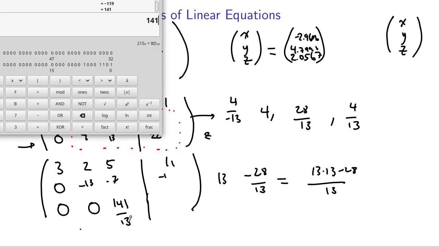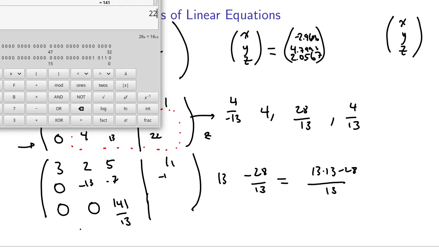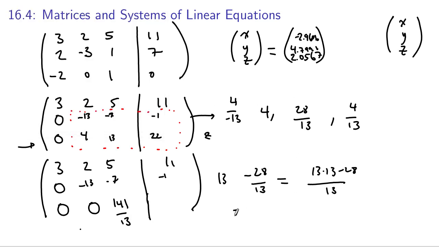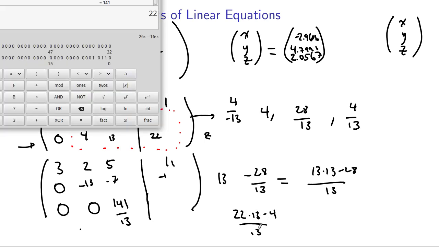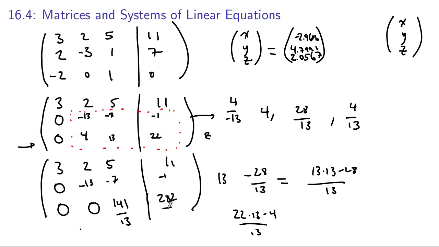And then now I have 22 in that last row, 22 minus 4 times 13 minus 4 over 13, 282 over 13. And like I was saying, we can now multiply this by 13 and we don't have to deal with that anymore. Okay, so we just have integers here.